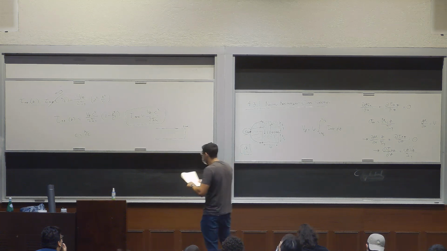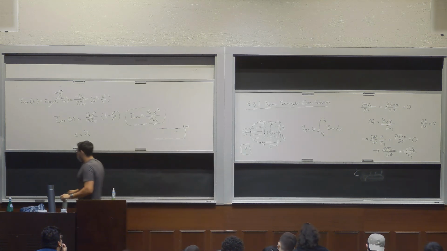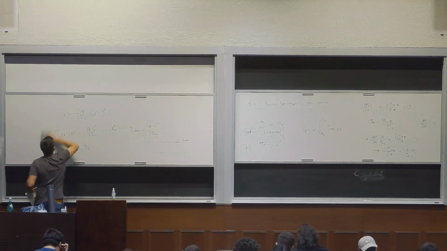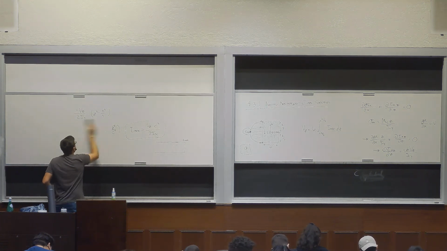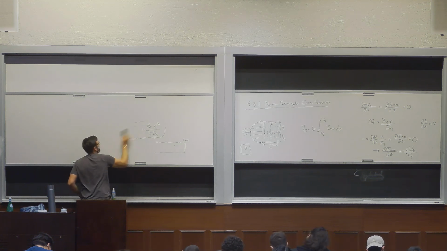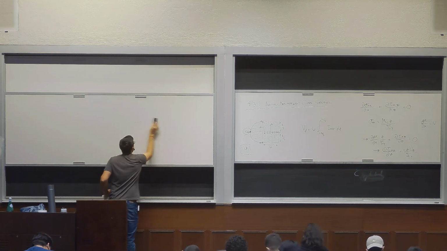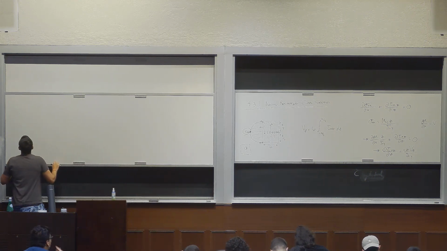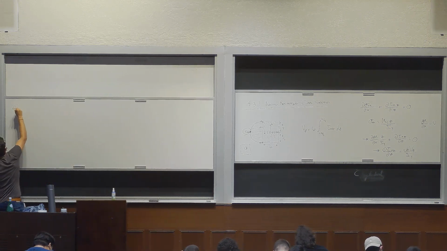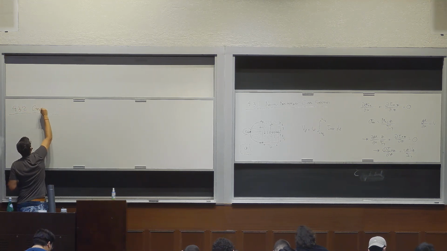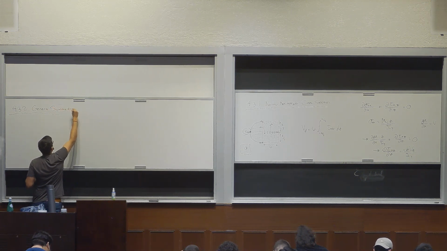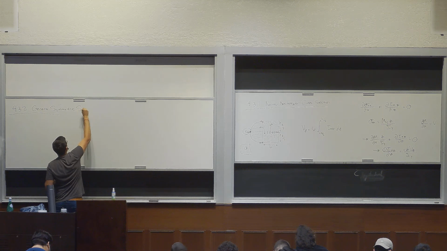So I'm going to do an example. This is chapter 4.2.3, general symmetric sections.